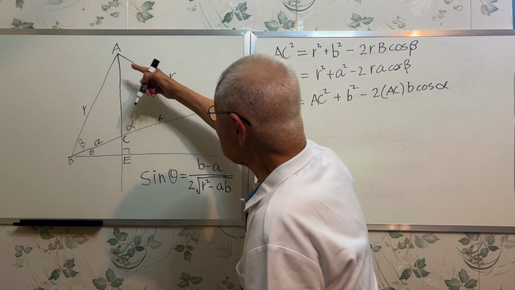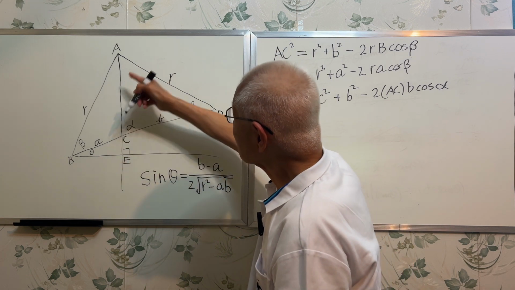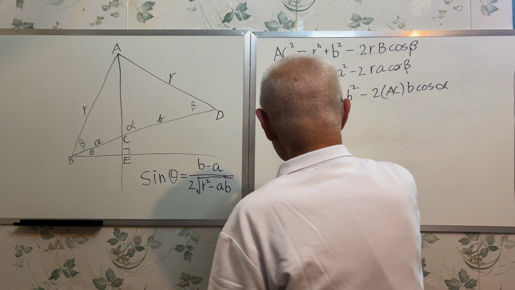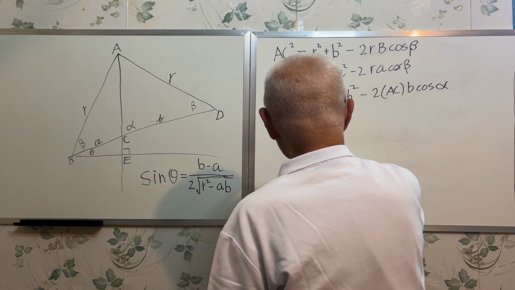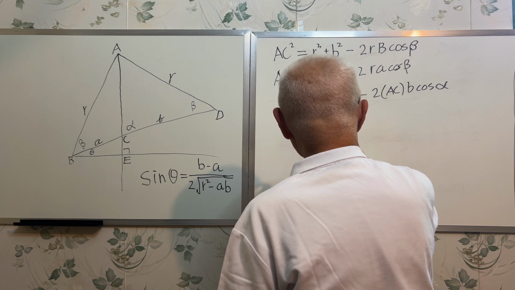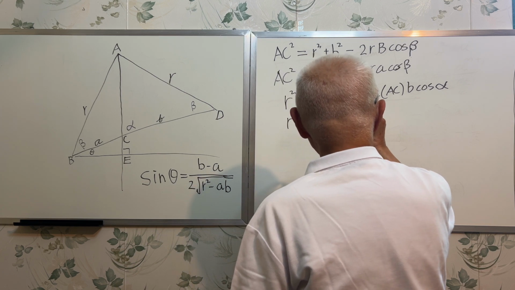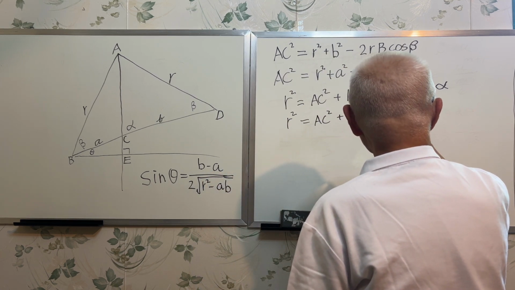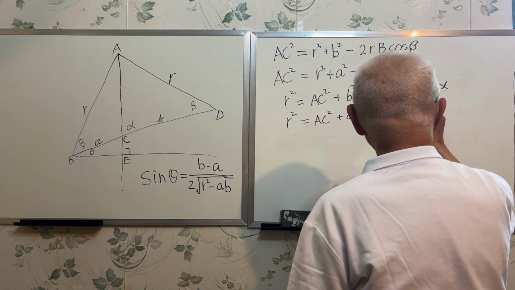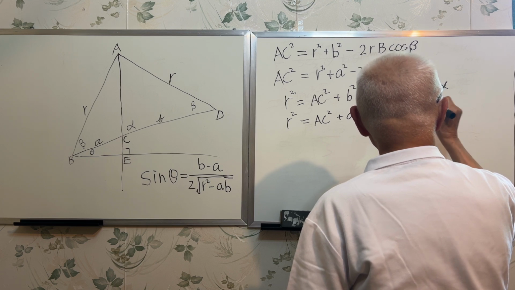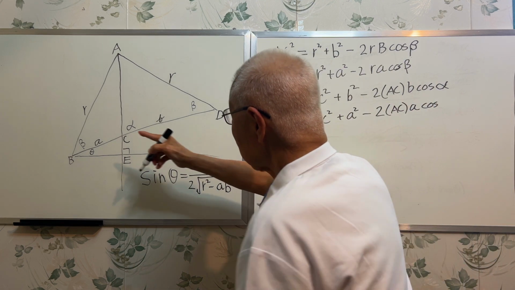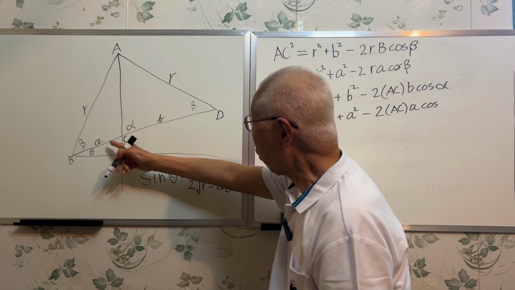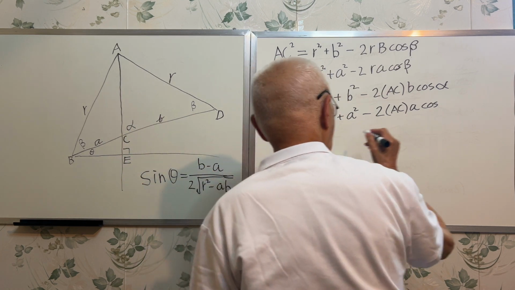Similarly, I can use this triangle and start with r squared. Then I need to use cosine of this angle. This is 180 minus alpha.